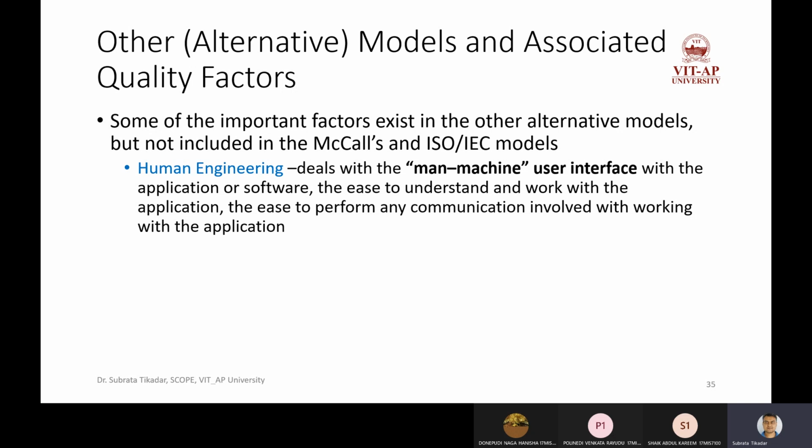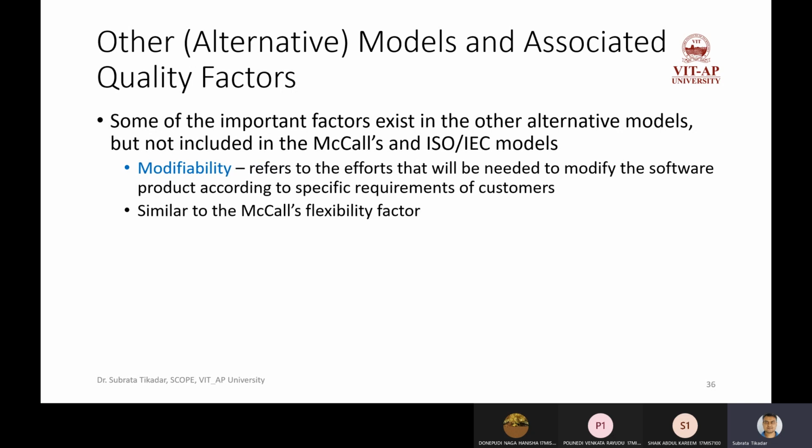All these things are there in the state of the art definition of usability itself. Then modifiability, which refers to the effort that will be needed to modify the software product according to specific requirements of the customer. So it is again similar to McCall's flexibility factor.